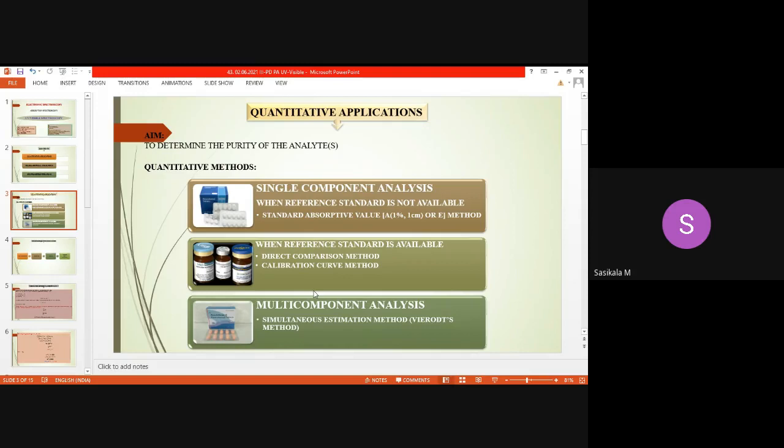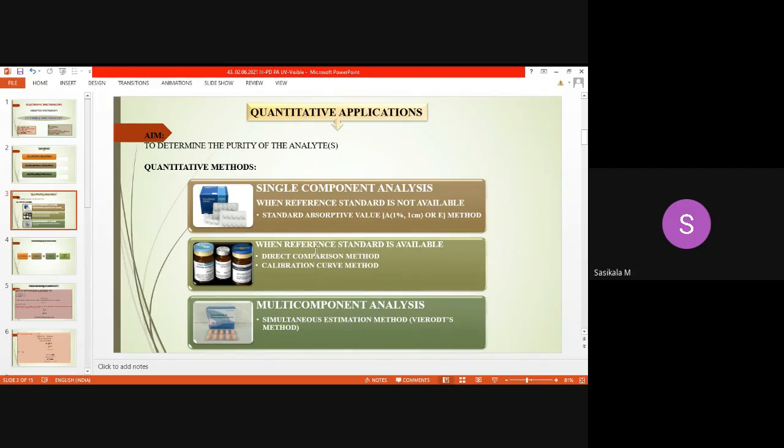You prepare a minimum of 5 standard solutions according to ICH guidelines, where a minimum of 4 and a maximum of 6 concentrations can be prepared with increasing concentration, and you will get a linear graph as the calibration curve.